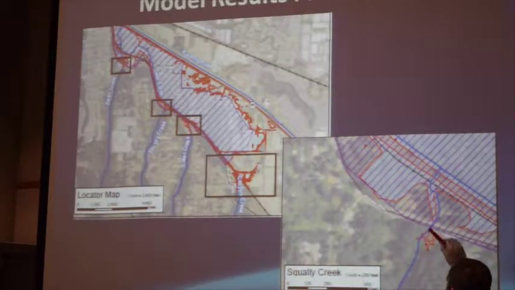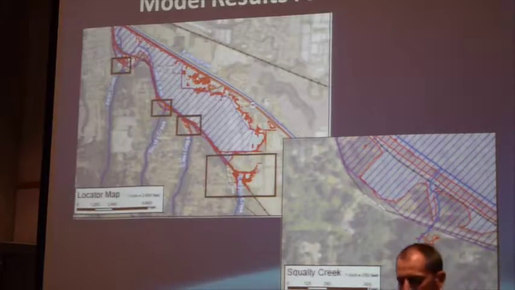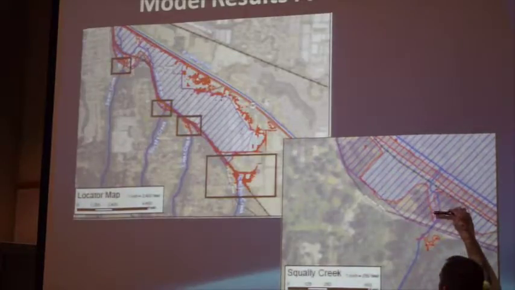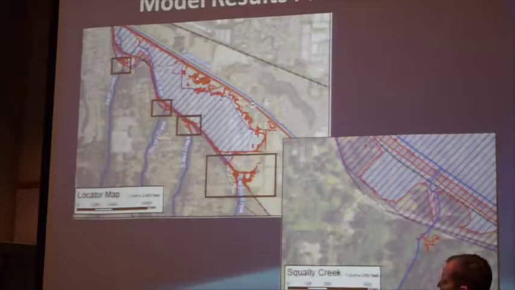Here is where the water is coming into the levee, and there's going to be a question as to what this looks like here. How does that change? If the water surface increases inside the bathtub, how far up does that increase have an impact?